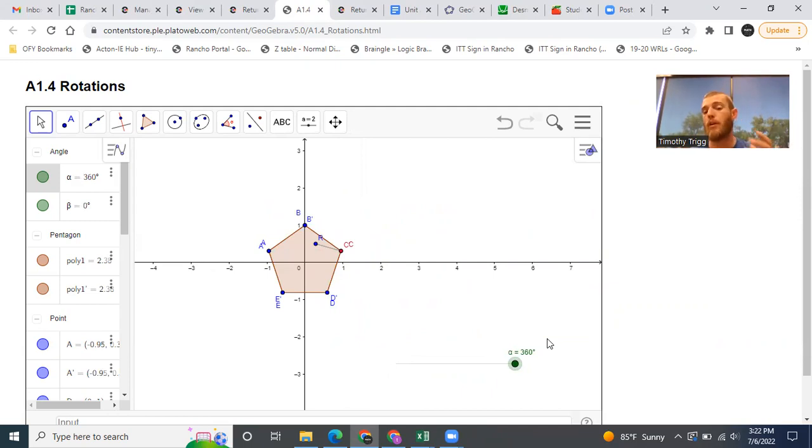So the moral of the story is this: if you rotate a shape, any shape, 360 degrees, it'll always line on top of itself. Any shape rotated around any center, so I can move the center of rotation anywhere, rotated 360 degrees, will always line on top of itself.